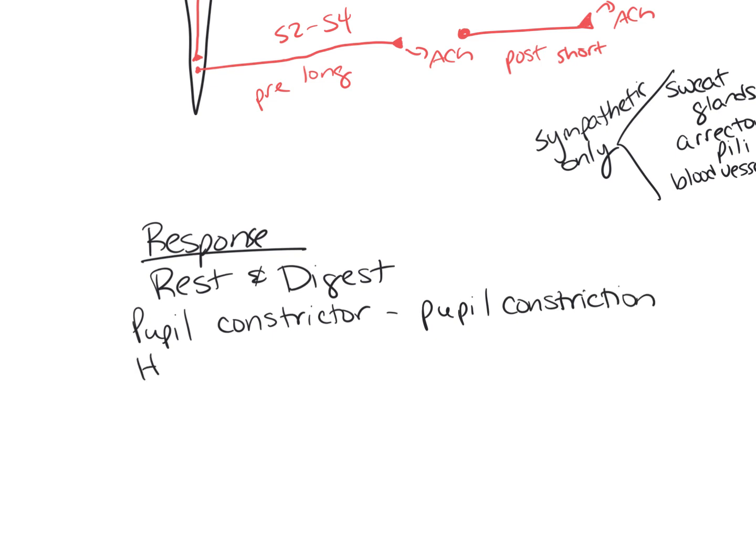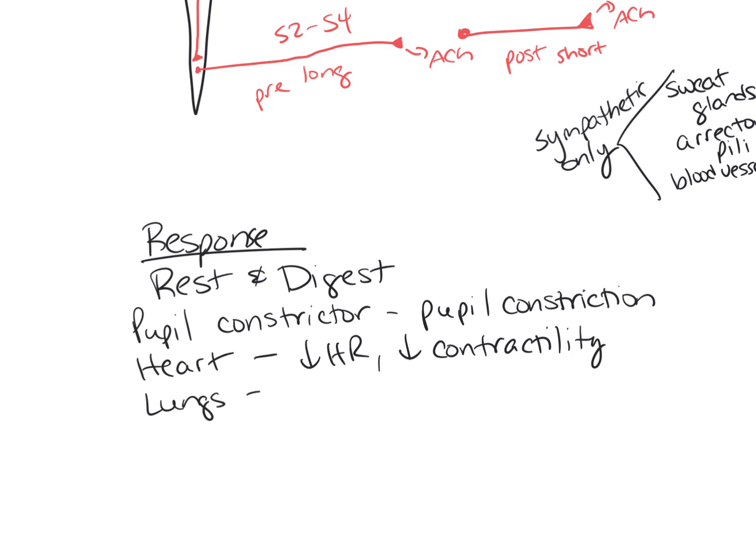The heart. If the parasympathetic nervous system is stimulated, the heart will decrease in heart rate and decrease in contractility, so it'll slow down. Heart rate slows down, the strength of the contraction slows down. So the heart will be inhibited. And then the lungs.